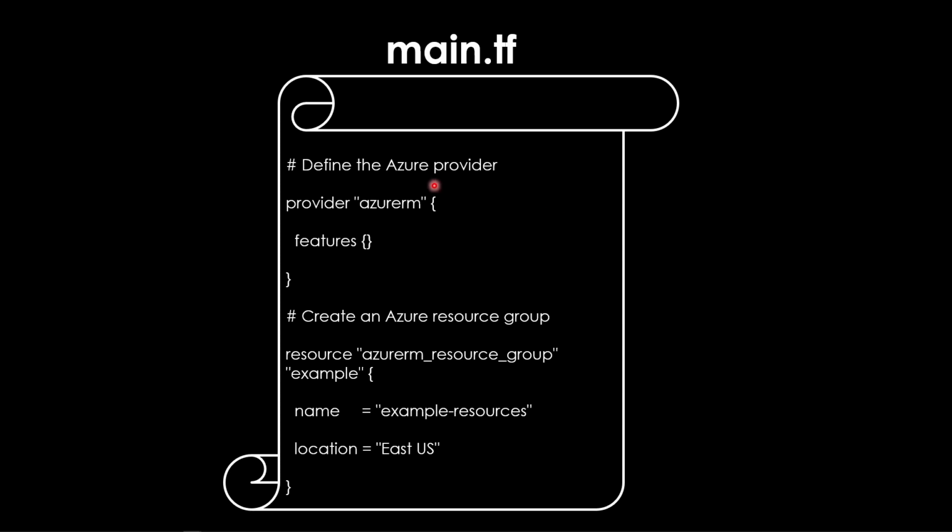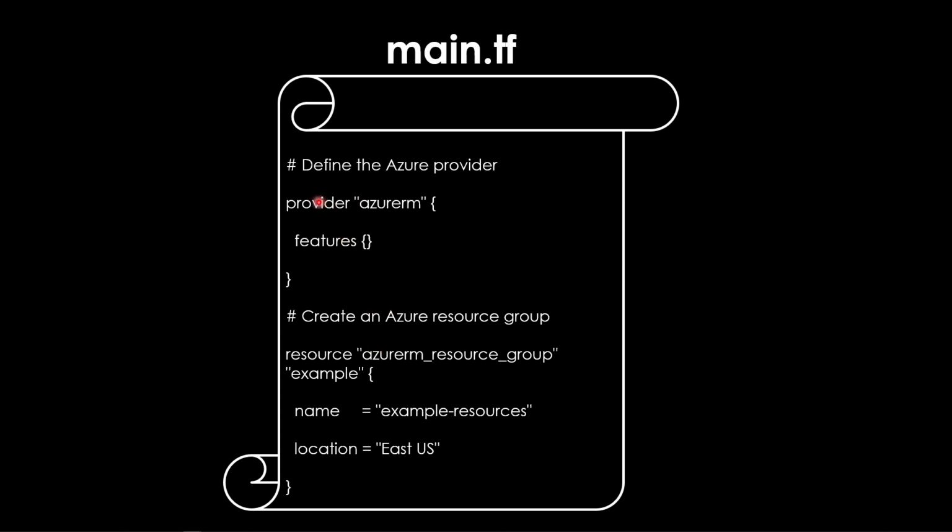In this, I have specified pseudocode, or just an example, that we will be using in our further videos. Over here, it provides a way in which we can define the provider and the resource that we want to deploy.